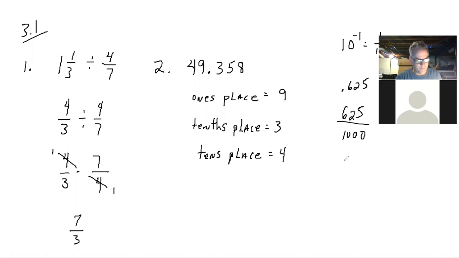You could divide top and bottom by 5. Let's see, divide top and bottom by 25 for sure. Ultimately, that is going to reduce to 5/8 when all is said and done.